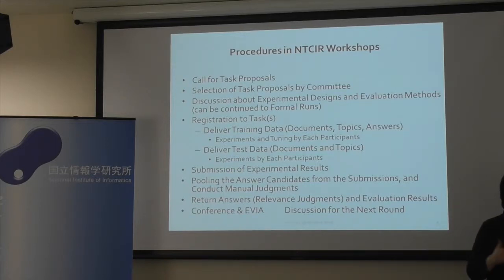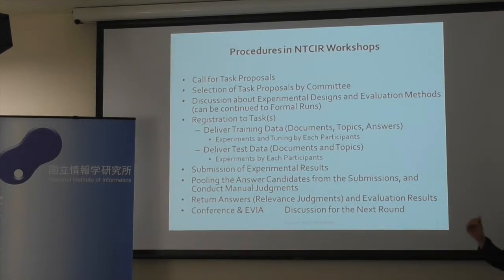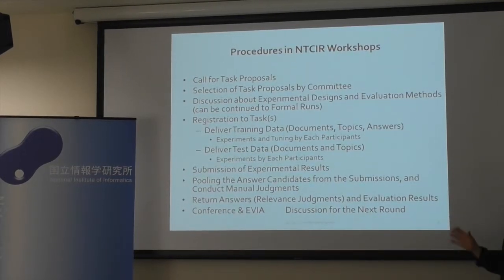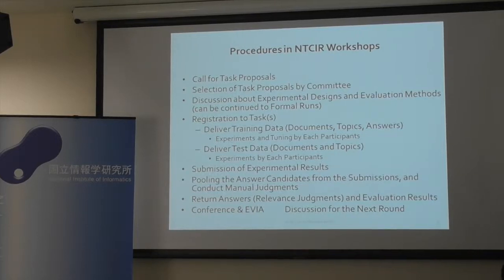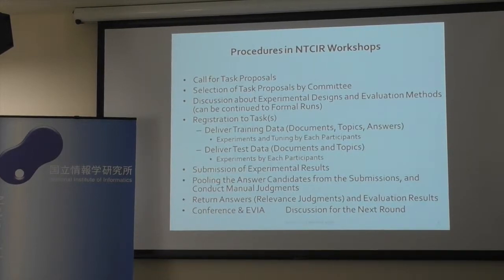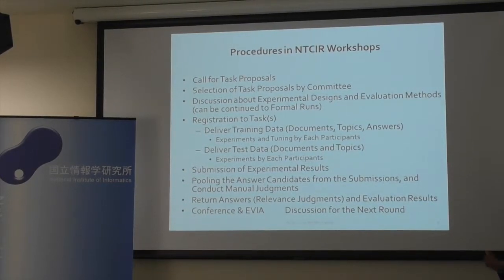After each researcher registers for a task, we deliver the training data and then the test data, and each participant runs experiments. Then comes the submission of experimental results, and based on the submissions, pooling of answer candidates and manual judgment.